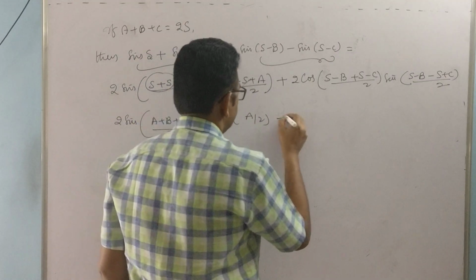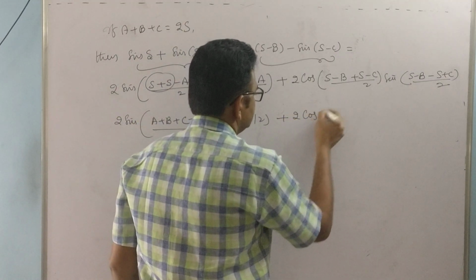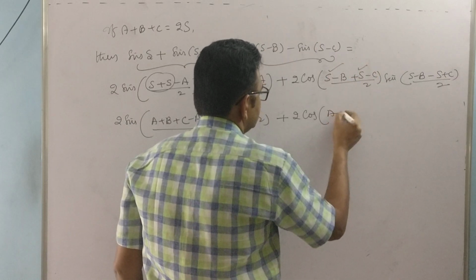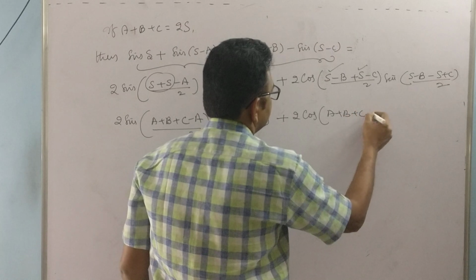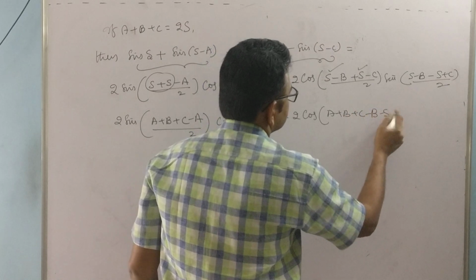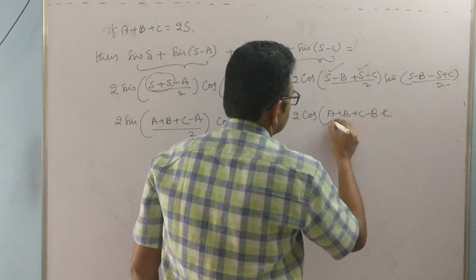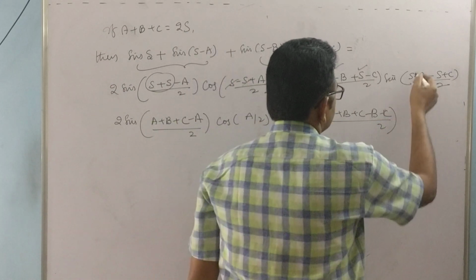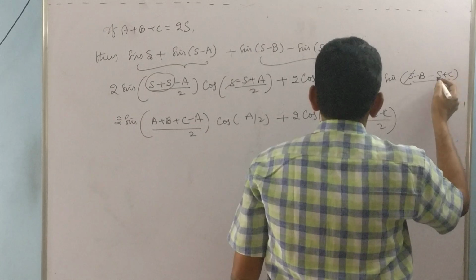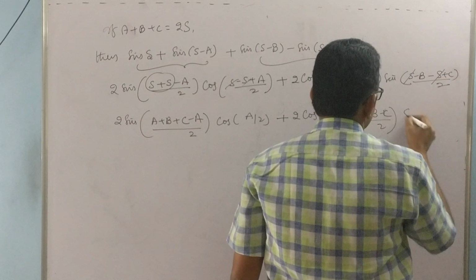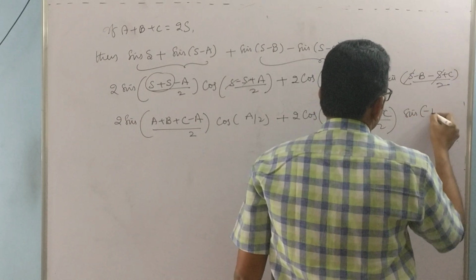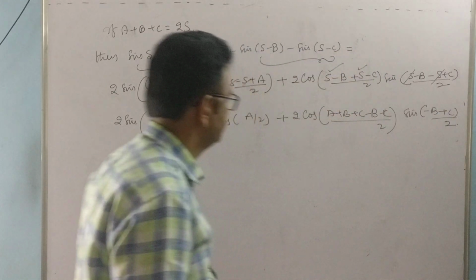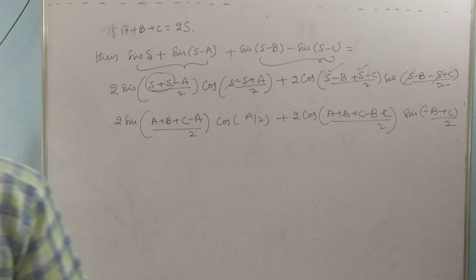And this is plus 2 into cos of 2s, where 2s is a plus b plus c minus b minus c by 2, into, so these two get cancelled, into sin of minus b plus c by 2.